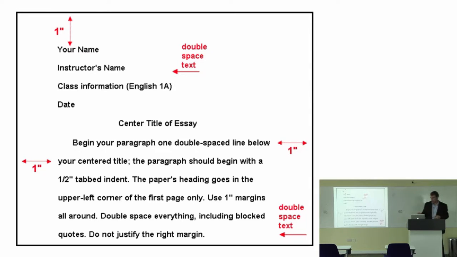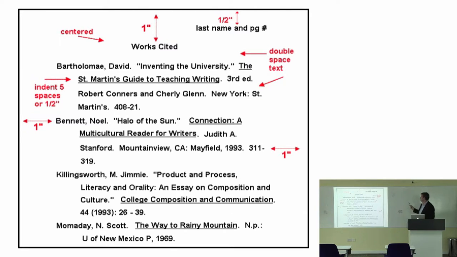It makes it more legible, it makes it more consistent from paper to paper. The works cited page then, the formatting for each entry is a little bit different. Instead of indenting on the first line and then having it a full return after that, we do the reverse here. We have the full line is our first line, and then after that we indent every line.